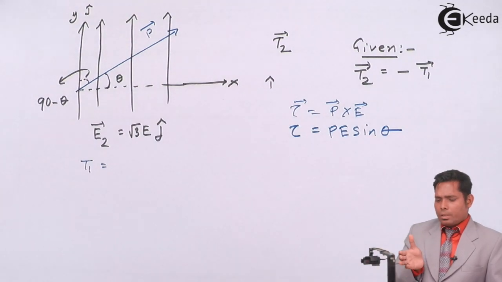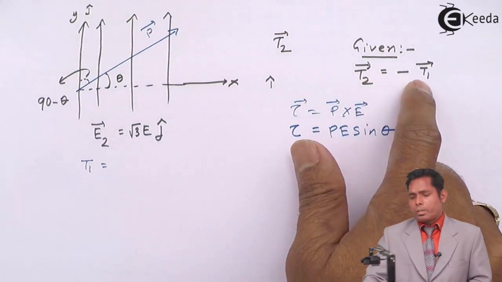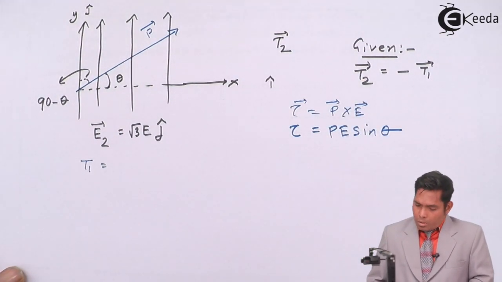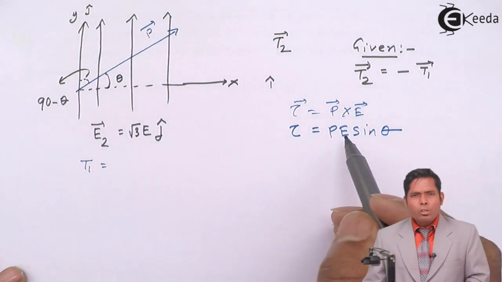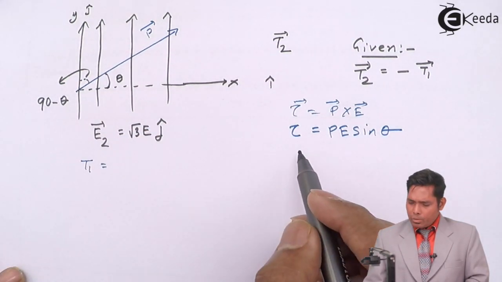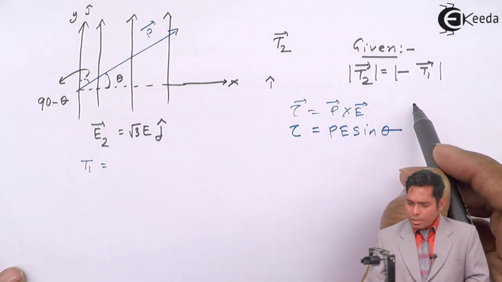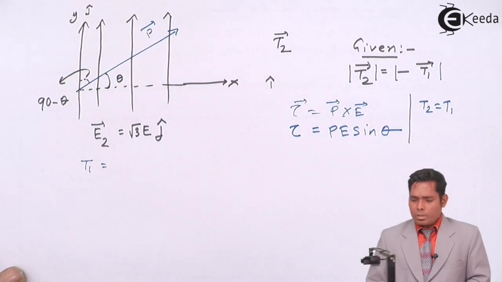The other one is in the opposite direction. So T2 and T1 have the same magnitude but opposite direction. We are interested in the angle theta, so we'll take the magnitude. If I take the magnitude on both sides, then obviously T2 equals T1 in magnitude.